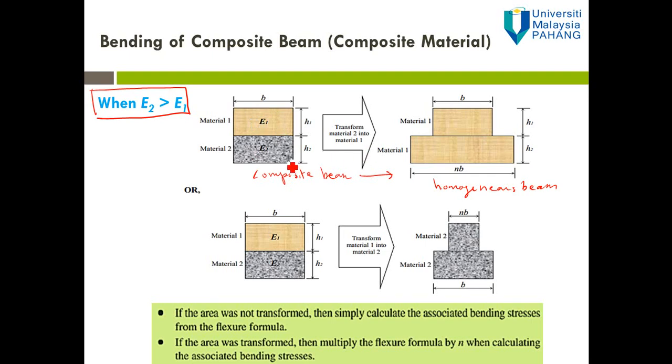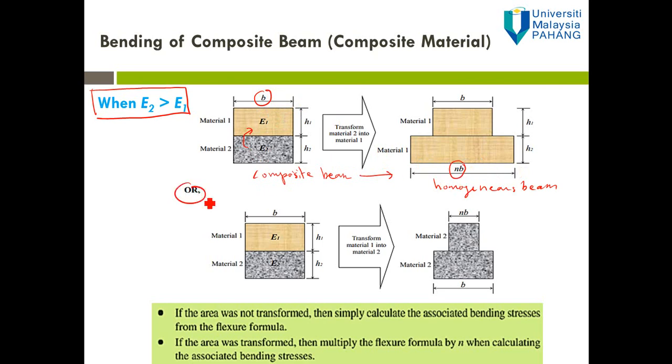If we transform material 2 into material 1, after transformation the area of material 1 will become bigger. The original width of material 2, which is B, must be multiplied by the transformation factor n, so the width after transformation becomes nB.